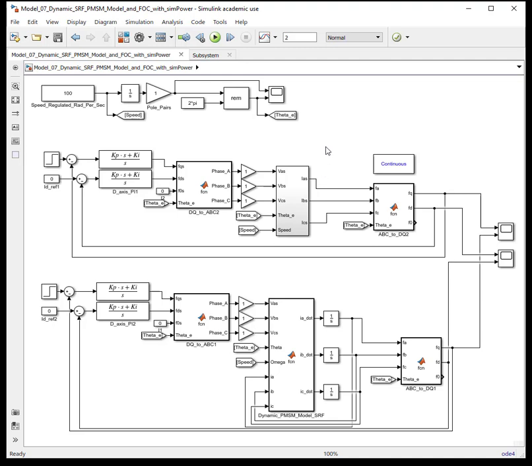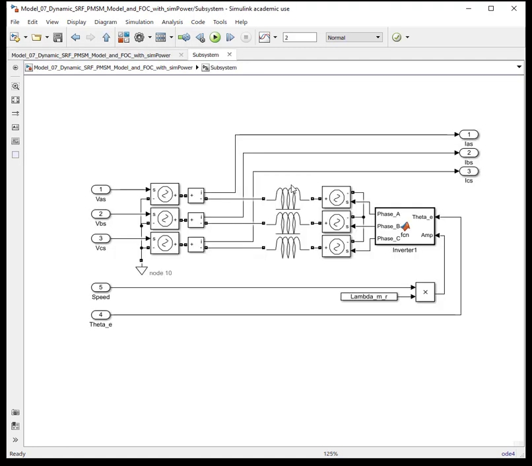So it's pretty close to what you see in a real-life application. One big factor here is this power GUI block. When you build a model like this using simPower, you will always need to include this power GUI block, which is included with the simPower or SimScape toolbox.